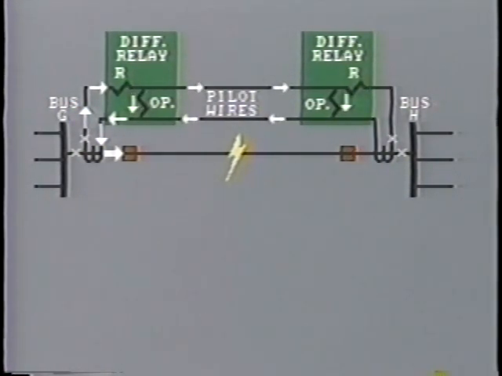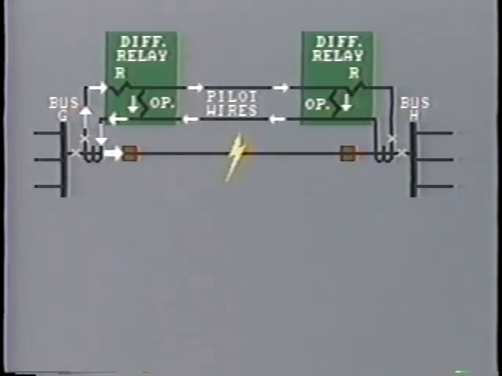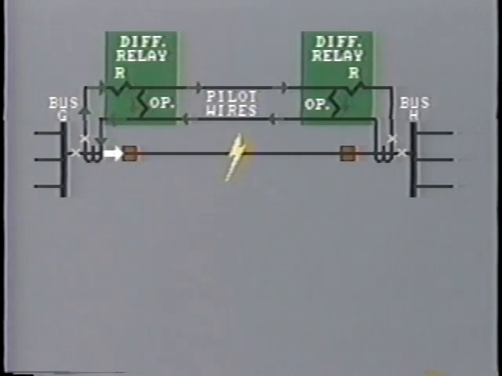An extreme case would be when there is no inflow of current from one end, say from bus H. All the fault current is now fed from the source at bus G. The CT secondary current will now flow along the pilot wires and pass through the operating coils of both relays. So it will still achieve the protection scheme's main objective, that is, to trip the breakers at both ends of the line simultaneously.